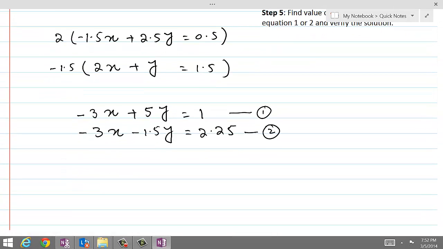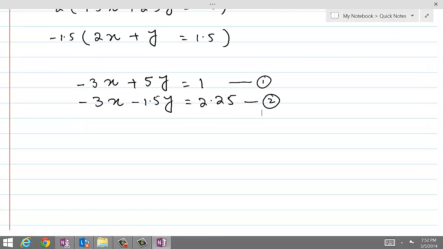Like the procedure states, from both equations we are going to find the value of the first term, which is minus 3x.